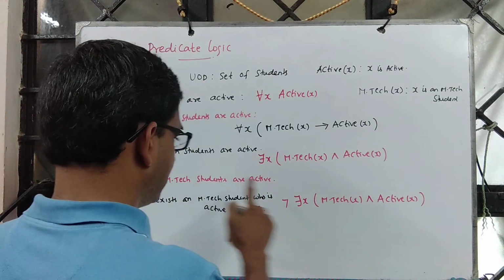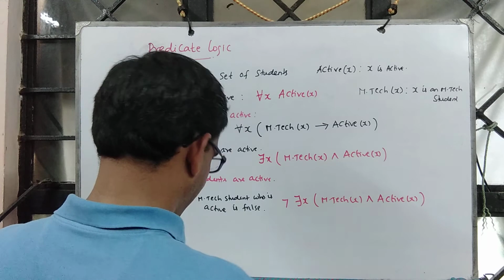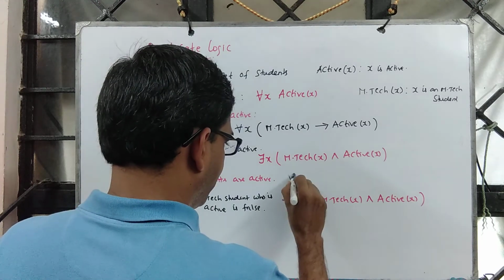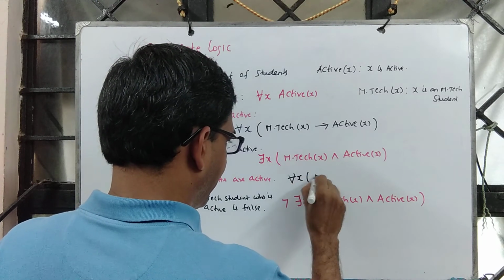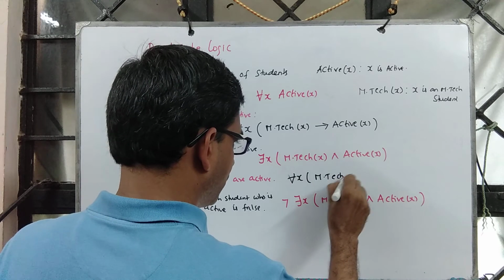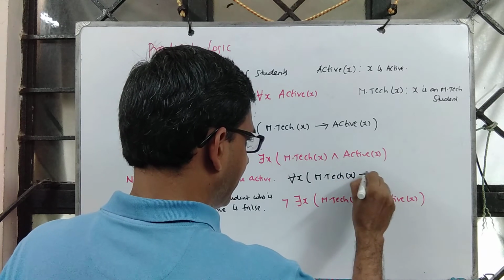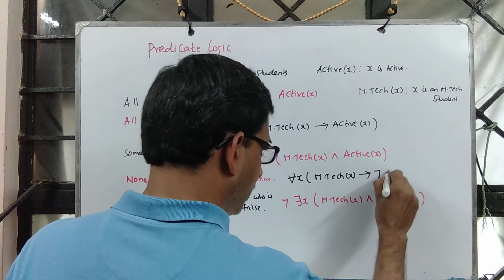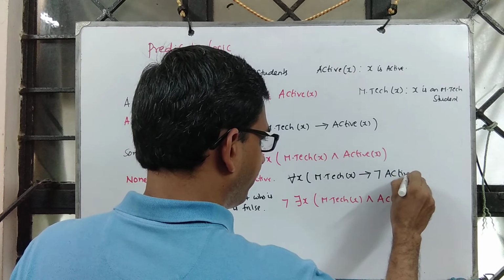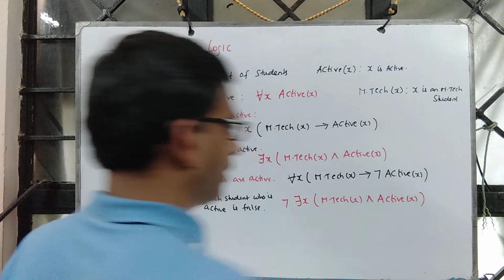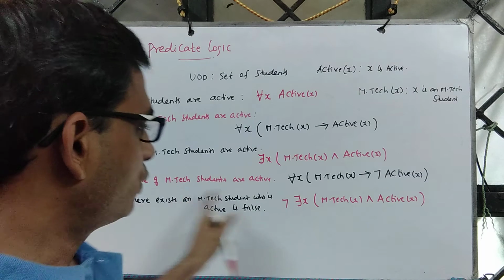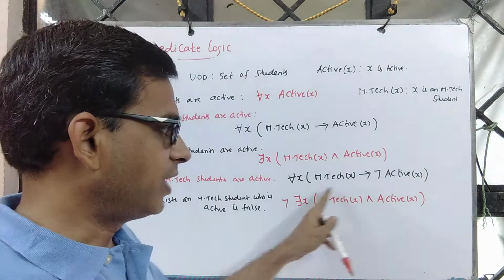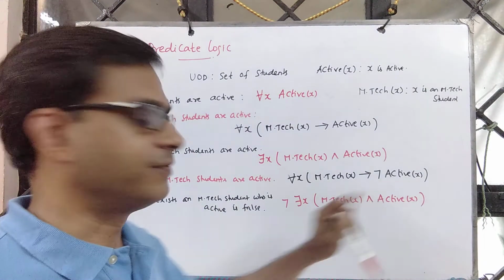How do we write this? None of the MTech students are active. You take X, and if X is an MTech student, the statement says he is not active. No MTech student is active.